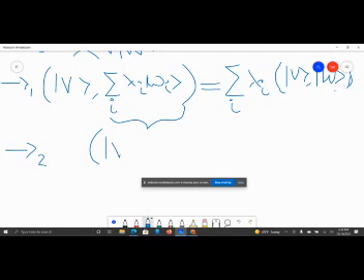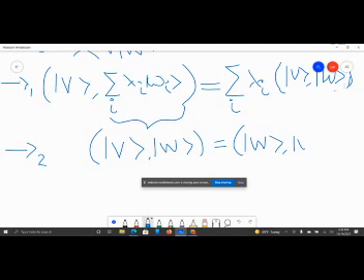But there's a more general way to look at this. Particularly for a complex vector space, if you take the inner product of v and w, it is equal to the inner product of w and v, but take the complex conjugate of that.